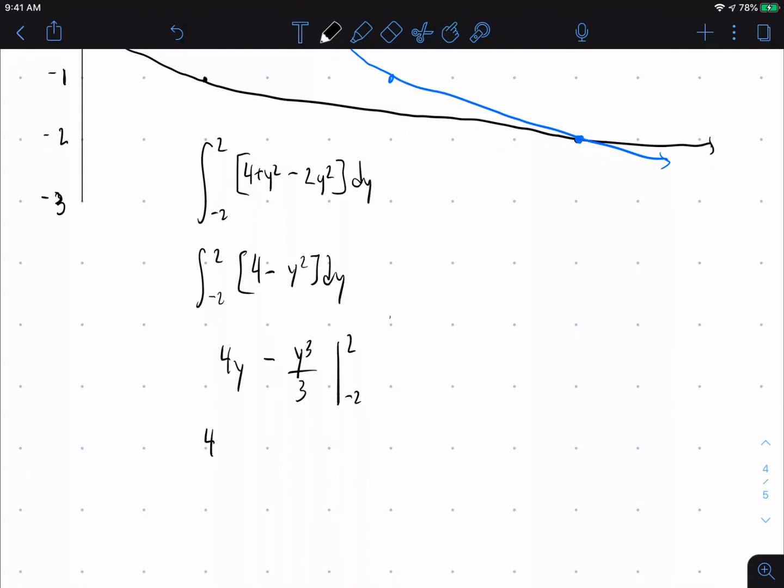And that should give me 4 times 2 minus 2 to the third power over 3 minus 4 times a negative 2 minus negative 2 to the third over 3.